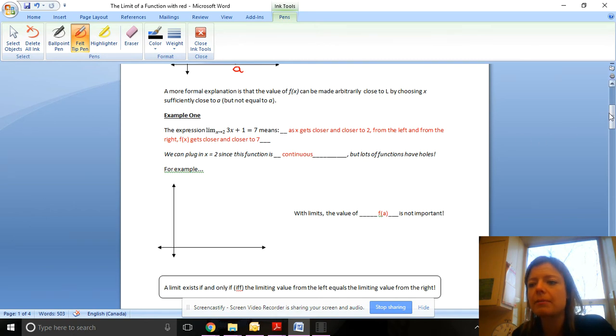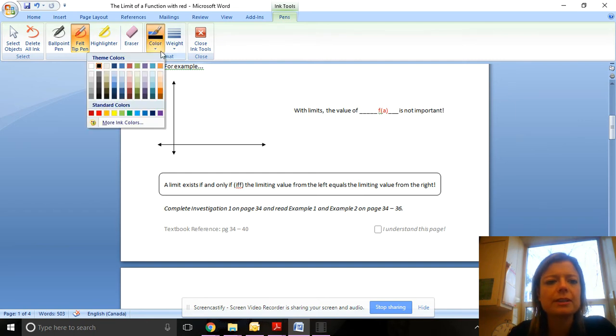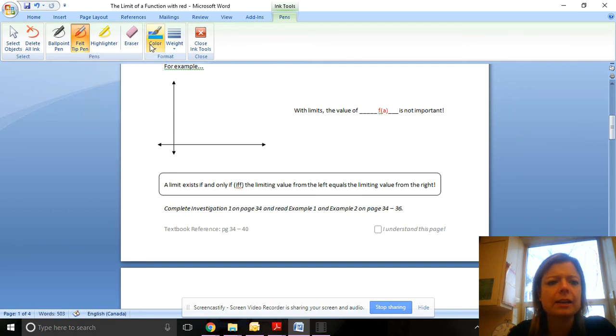Let's take this example. So just create, with the ruler, a straight line here, and just put a hole in the middle and continue the line. We can put arrows on this end, and then right above the hole, put a dot up here.